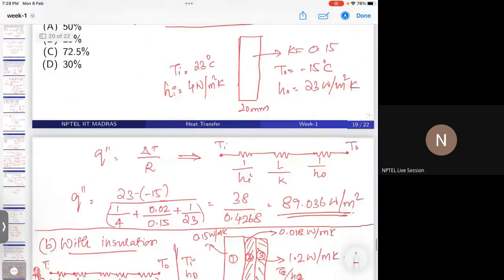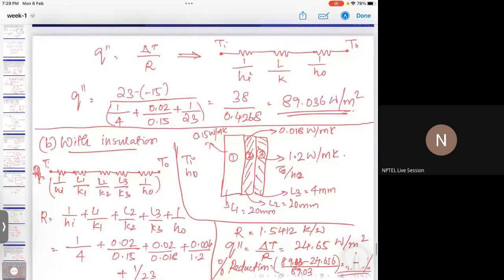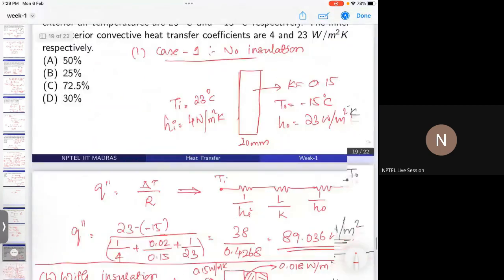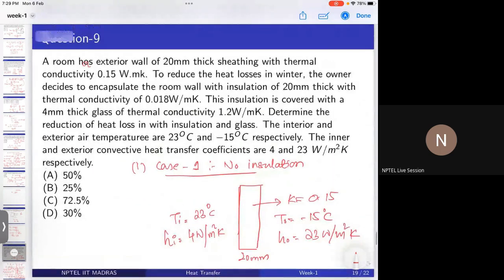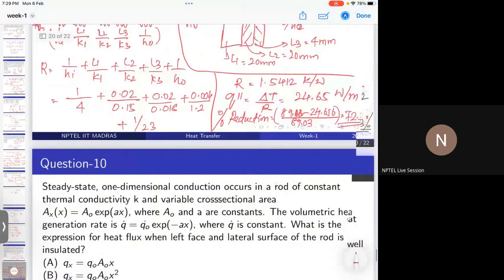This is also a composite wall, so the basic concept is the composite wall, but the physical significance of this problem is to show you the importance of how insulation can be used to reduce the heat loss or heat transfer.